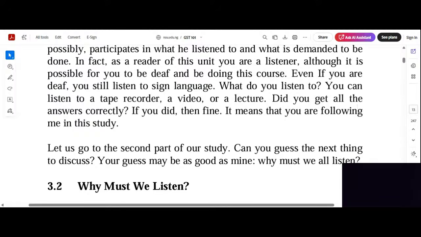The next thing I would like to know is, what do I listen to? I listen to things like tape recorder, video, lectures, seminar, talks, radio, television, and so on and so forth. In fact, the list of what you listen to is just numerous. You can mention as many things as possible. So, the next thing is, why must we listen?